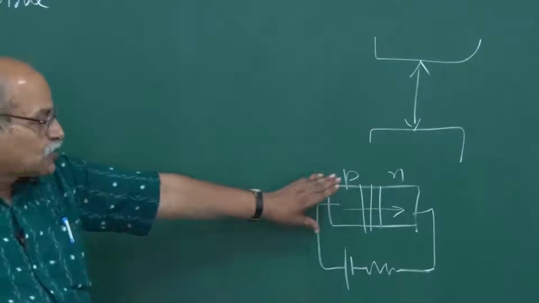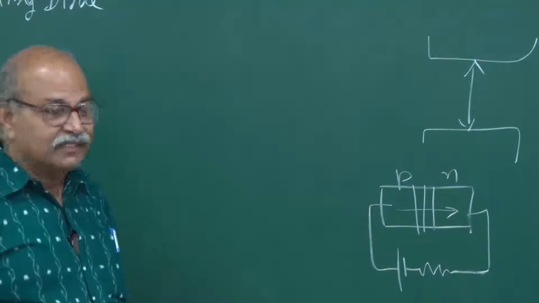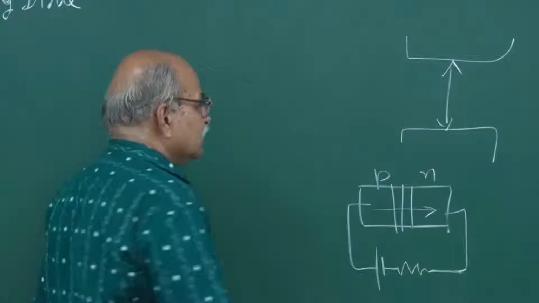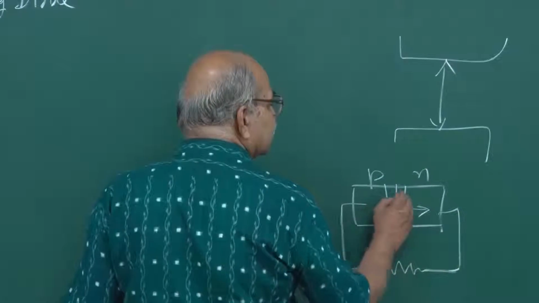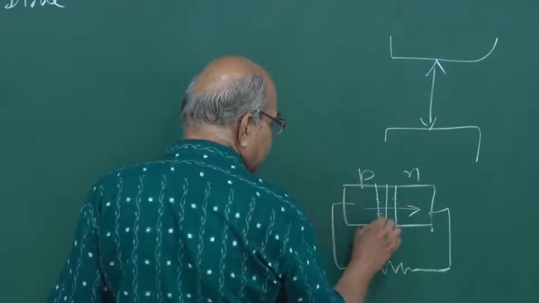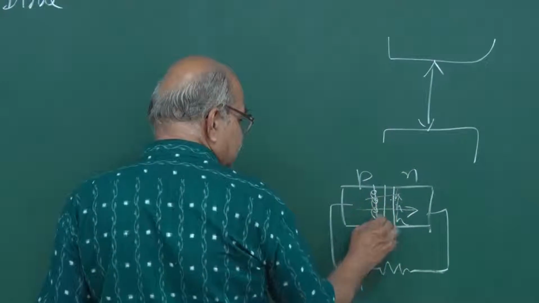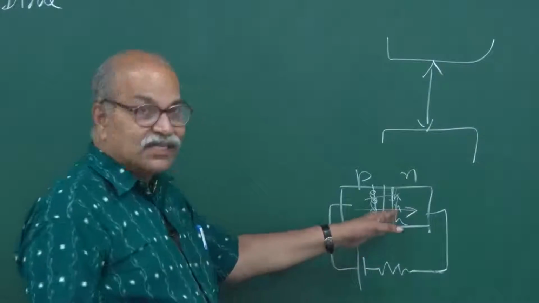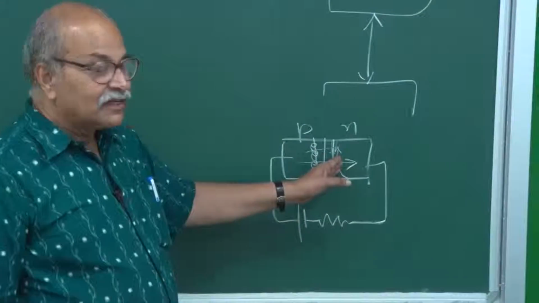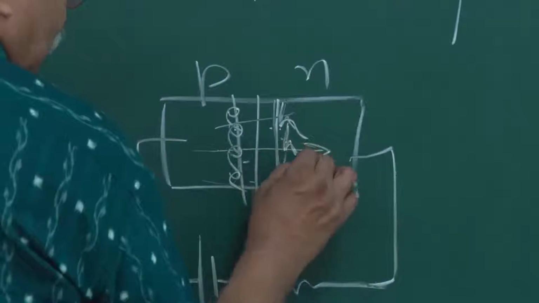You have reduced the barrier, so the diffusion current has increased manifold, the usual PN junction theory, and because of this increased diffusion, these majority carriers diffuse through that depletion layer. If you have lots of holes here, they diffuse on this side, and the electrons, they diffuse on this side. So, you have minority carrier injection, if you remember, right. In forward bias condition, you have minority carrier injection, and once they are here, they are now minority carriers.